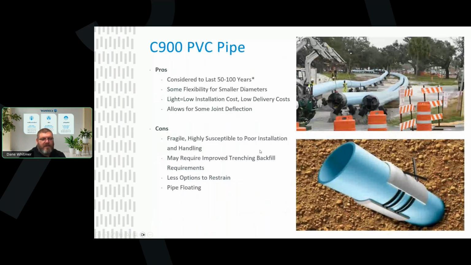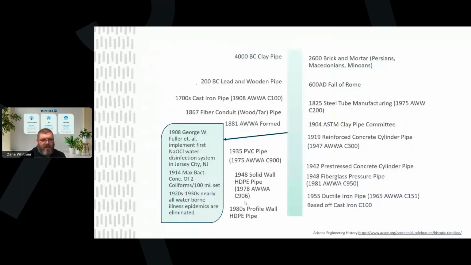Pros and cons, again, that caveat is that it's considered to last 50 to 100 years. But if I look back at the time frame here, PVC pipe was invented in 1935 and it was standardized in 1975. So again, it hasn't been in the ground for 100 years yet.